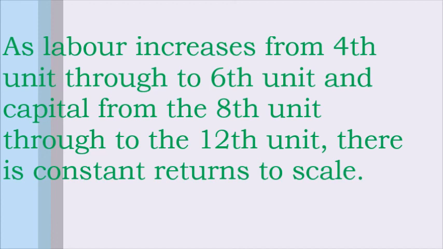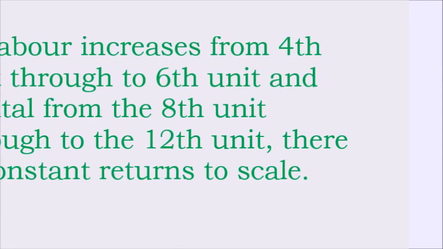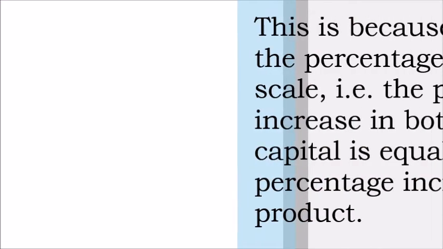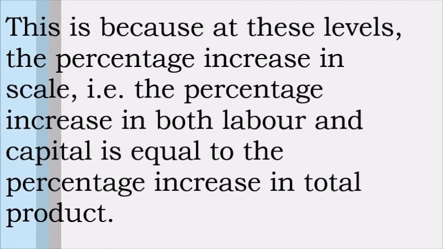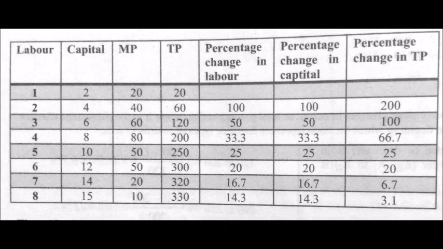Now, as labor increases from the 4th unit through to the 6th unit, and capital from the 8th unit through to the 12th unit, there is constant returns to scale. This is because at these levels, the percentage increase in scale, that is, the percentage increase in both labor and capital, is equal to the percentage increase in total product. Now look at the table, the schedule.